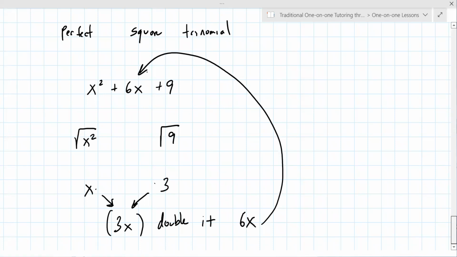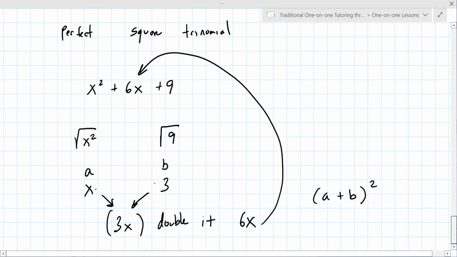So this is a perfect square trinomial. And I know there's a lot going on here, but this is your A and this is your B now. And it's not the same A and B as what we've been doing, but it becomes A plus B squared. So you would write x plus 3 squared.